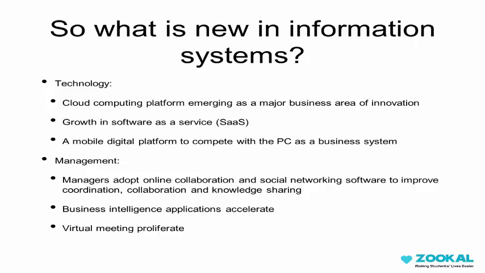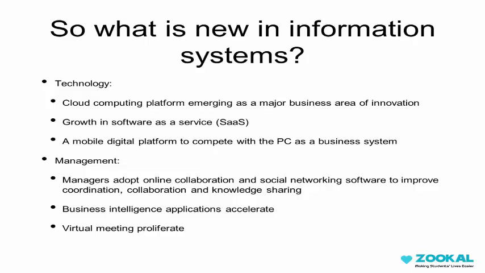In management terms for information systems, managers adopt online collaboration and social networking software to improve coordination, collaboration, and knowledge sharing. What this means, guys, is managers now put everything online, like a Facebook page or a Twitter page, so they can easily see what suppliers want or what customers want.